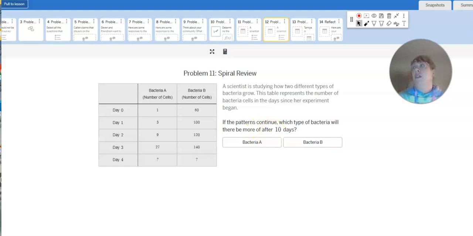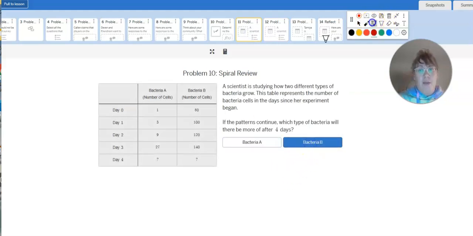So, of course, after 10 days, oh, I'm sorry, wait, let's go back to slide A. This is just looking for 4 days. So that was bacteria B, because we had 81 here and 160. We went a little too far here on this one, my bad. So after 4 days, bacteria B is going to have more.